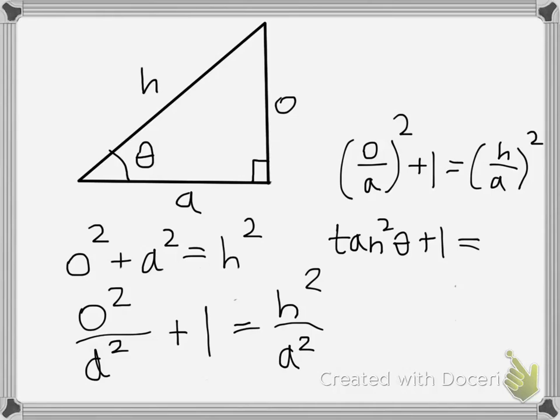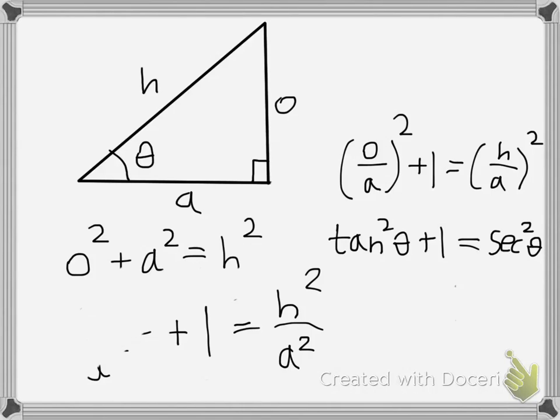In my last video we went over the reciprocal trig ratios, and this is the reciprocal of cosine, because it's hypotenuse over adjacent instead of adjacent over hypotenuse. The reciprocal of cosine is secant. So this is secant squared theta.